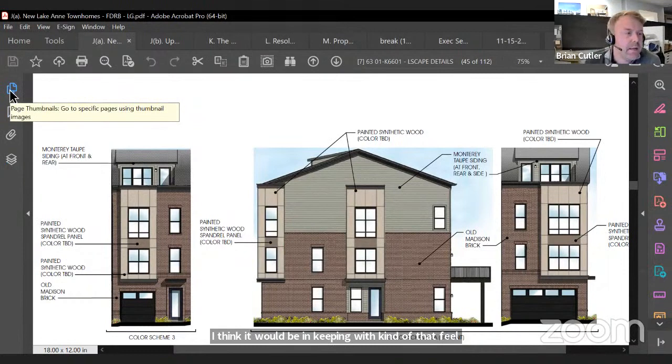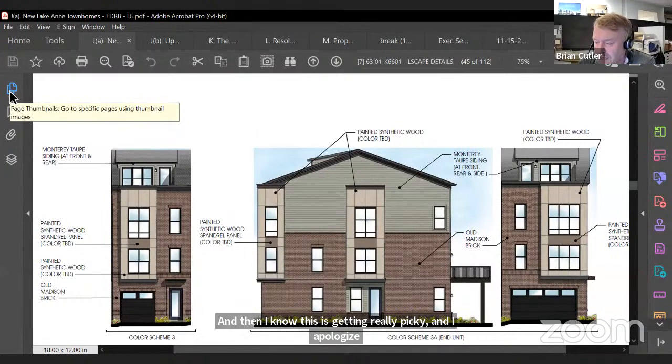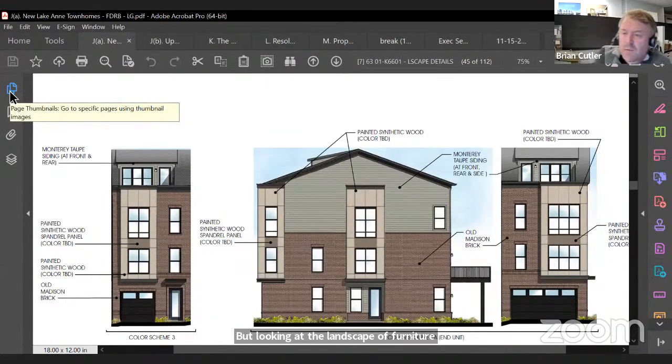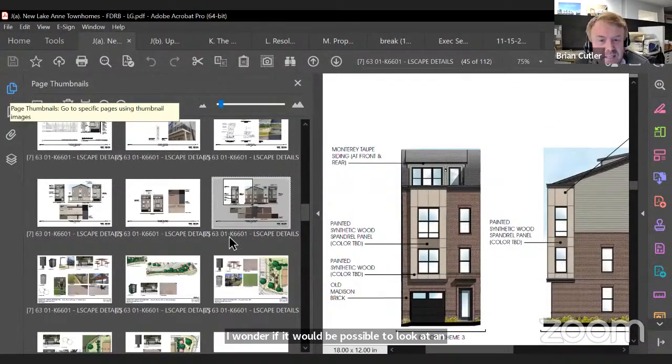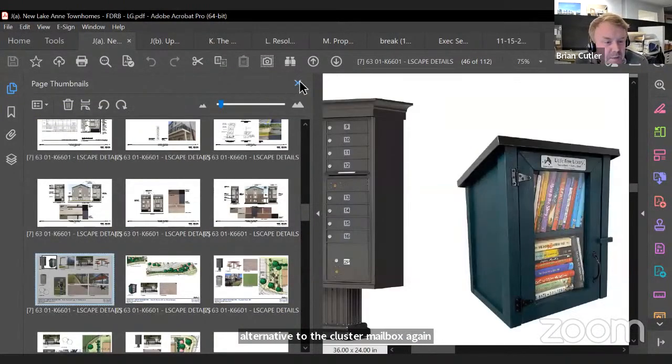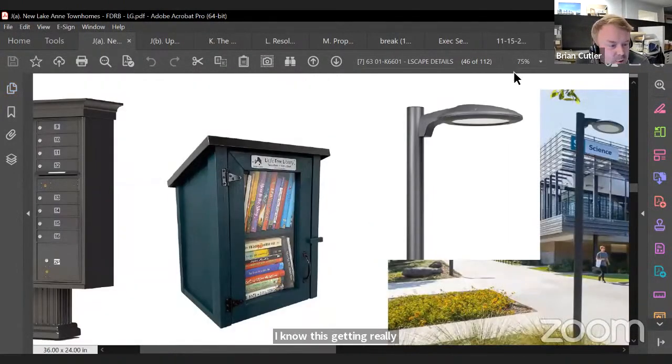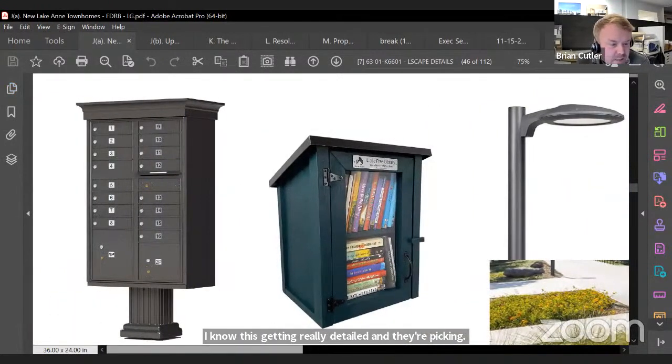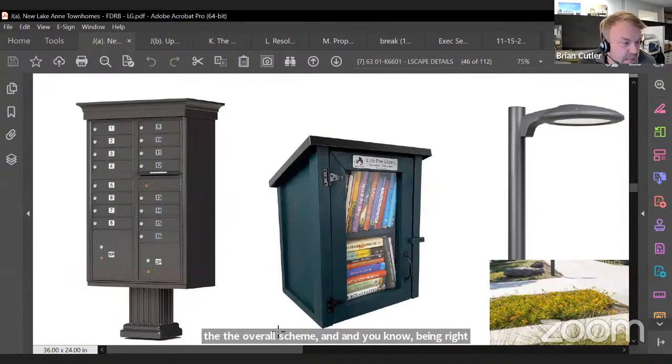And then I know this is getting really picky and I apologize, but looking at the site furnishings, I wonder if it would be possible to look at an alternative to the cluster mailbox. Again, I know this is getting really detailed and nitpicky. I don't think that's in keeping with the overall scheme, being right there at Lake Ann. It looks like it's sitting on a column with a base and molding.